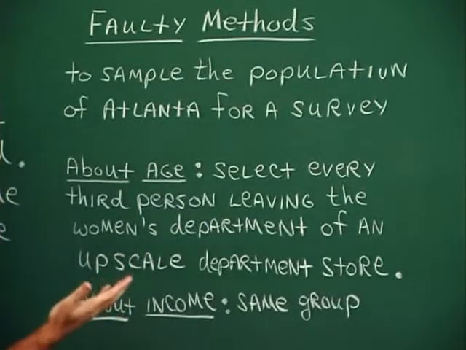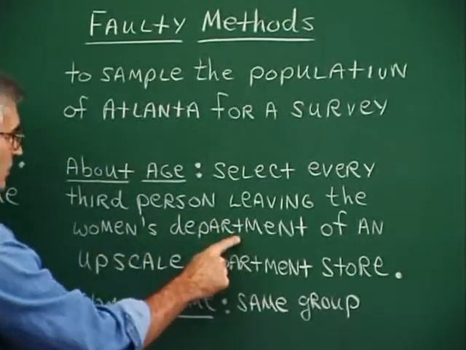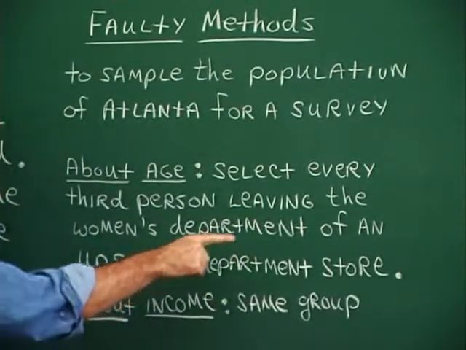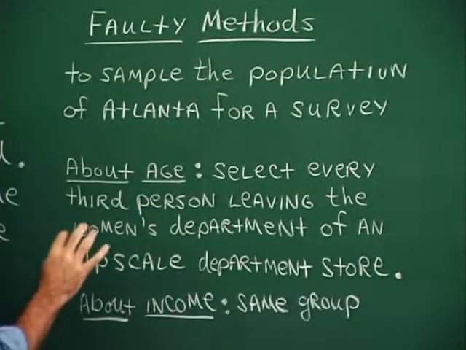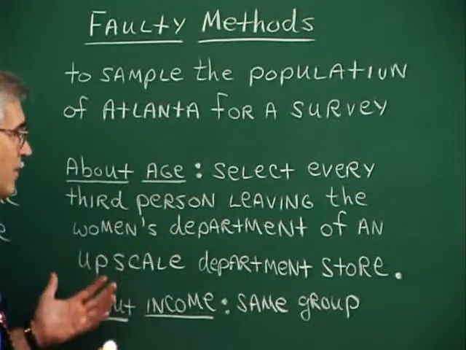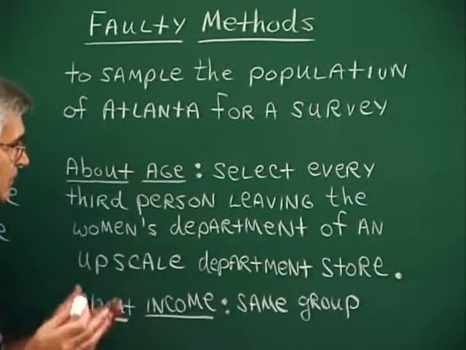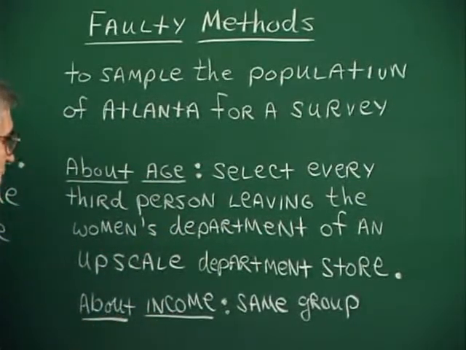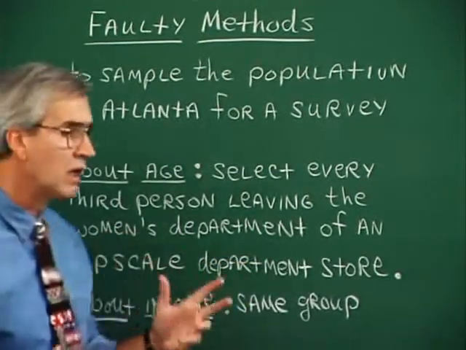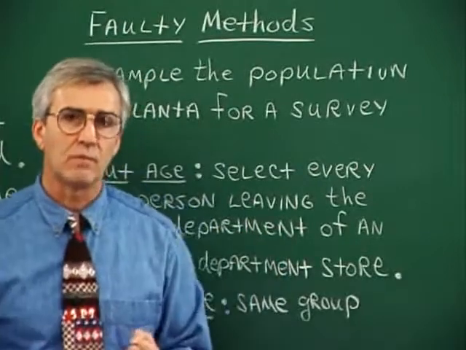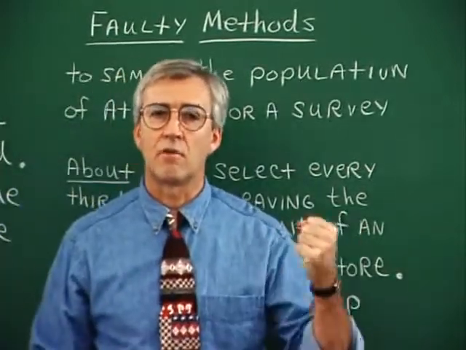Well, if we're selecting people leaving the women's department of an upscale department store, then presumably we're going to be surveying more women than men, perhaps only women in this survey. A bias is built into that situation. If we're talking about an upscale department store, then that probably puts the people coming out of that department into a certain income bracket.